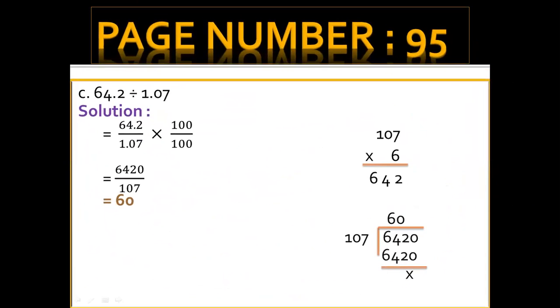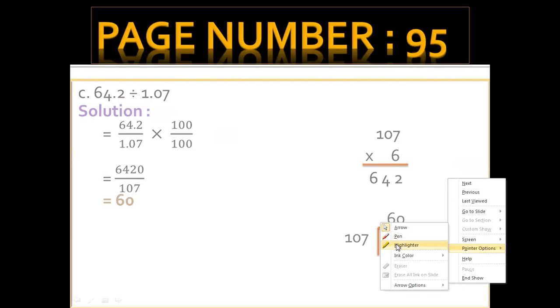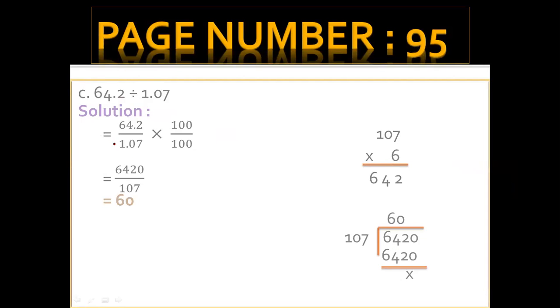Part C of question 3 is 64.2 divided by 1.07. One digit in the numerator and two digits in the denominator after the decimal. What will we do? Who will tell me? Good. All of you know that we multiply and divide with 100.